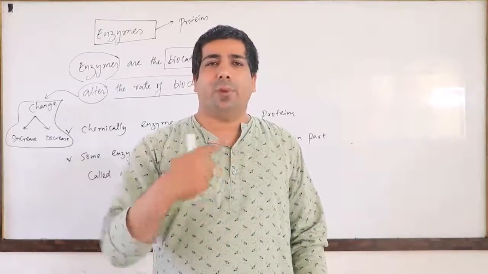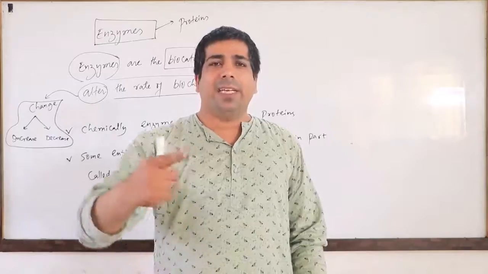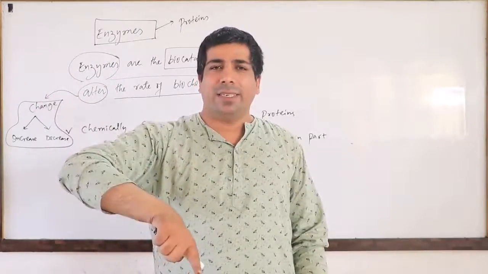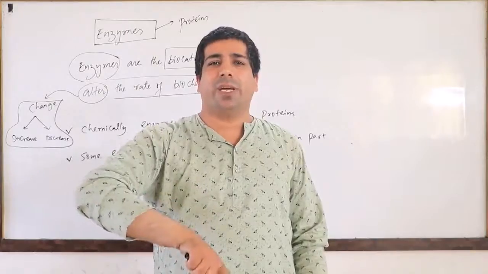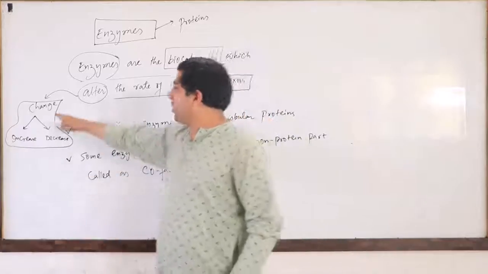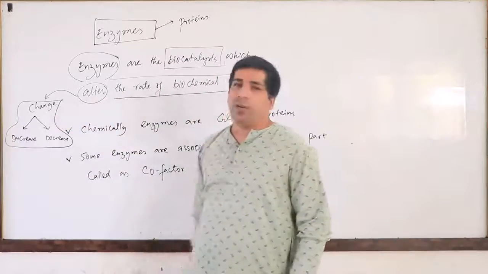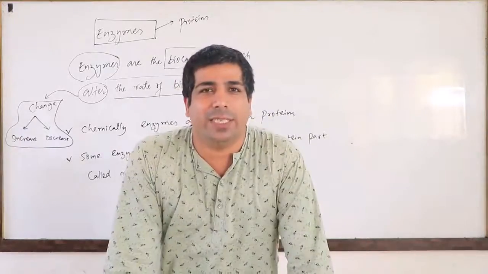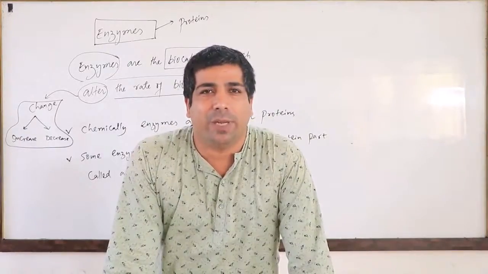If enzymes are positive catalysts, they will increase the rate of chemical reaction. But if they are negative catalysts, then they will decrease the rate of chemical reaction. And this increase and decrease is known as change, and that change is basically called alter here. So enzymes can both increase and decrease the rate of biochemical reactions.